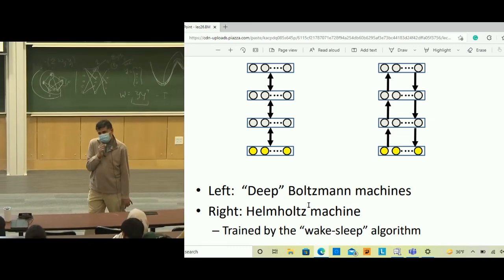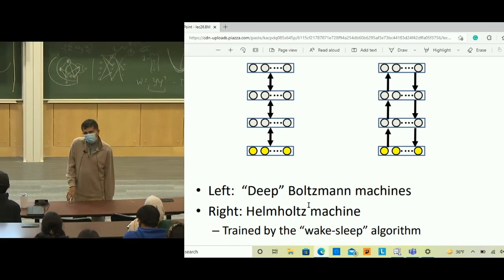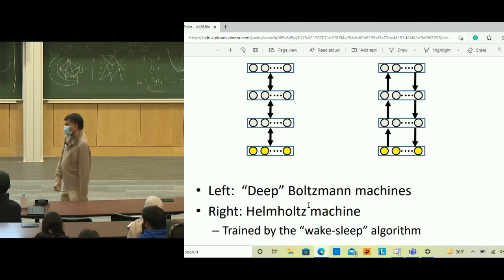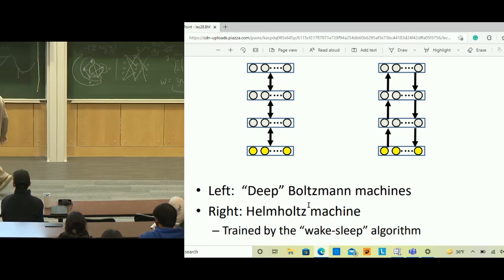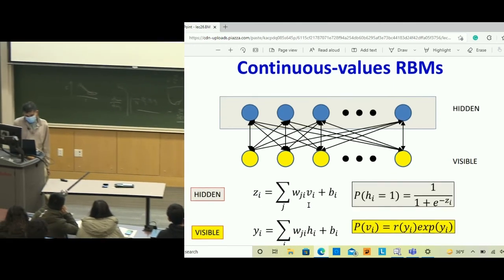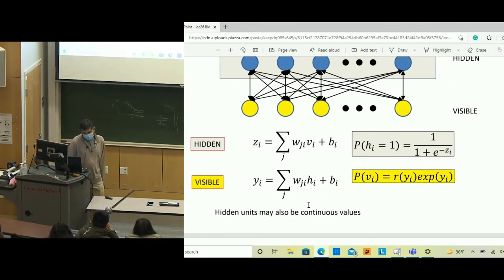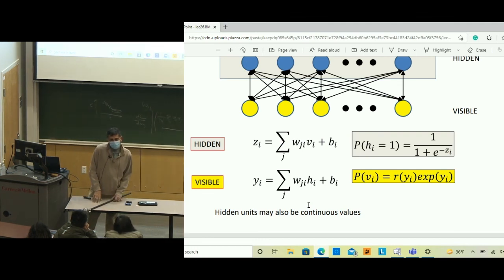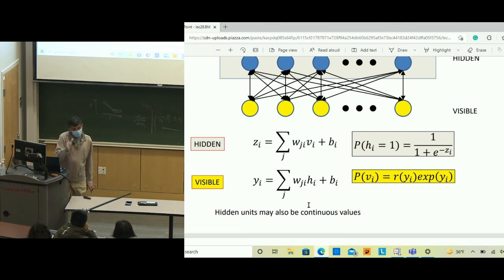Anyway, yeah. Through the class, we assumed that the bits are binary. So how do we extend it to the case where the bits are continuous? That's the continuous valued Boltzmann machine. Basically, what they do is, for the visible units, they attach a Gaussian to each unit, and it turns out it's exactly the same thing, right?